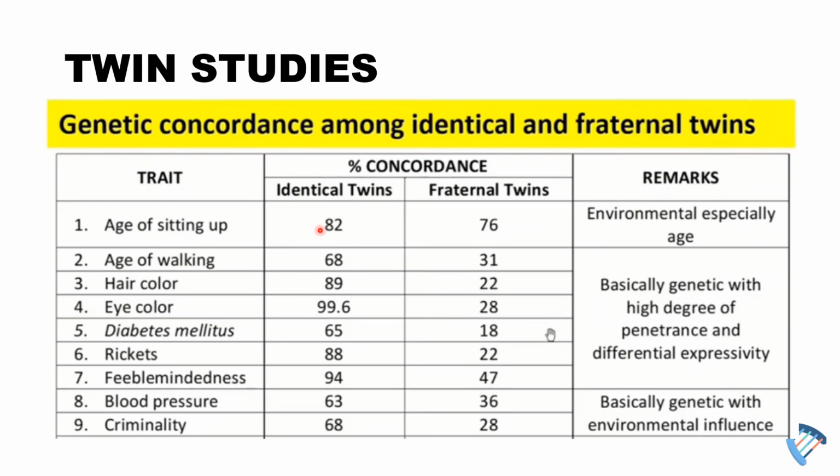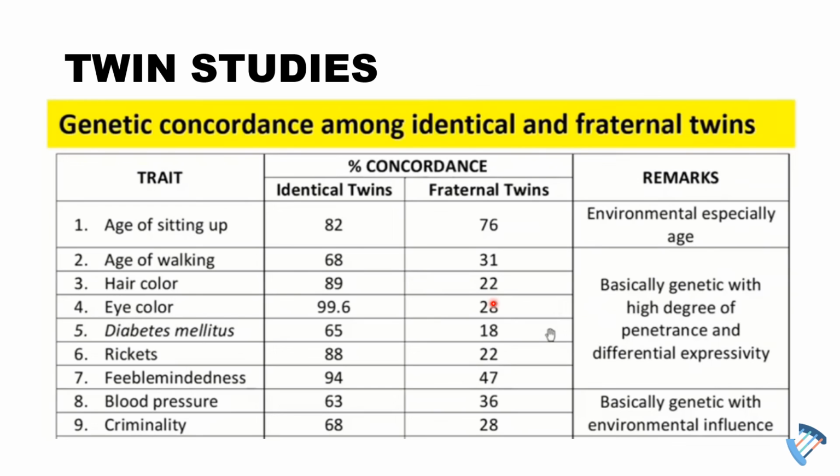Kung mataas itong concordance, pag nasa 82% doon sa identical twins, and then, for example, itong eye color, kung mataas yung concordance dito sa identical twins, 99.6%, and mababa doon sa fraternal twins, then that trait may be considered to have a strong hereditary element. Meaning, merong influence yung genotype.